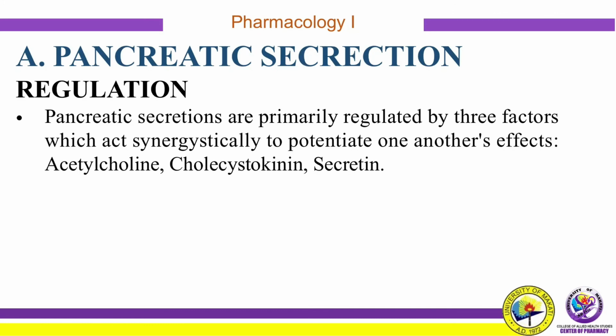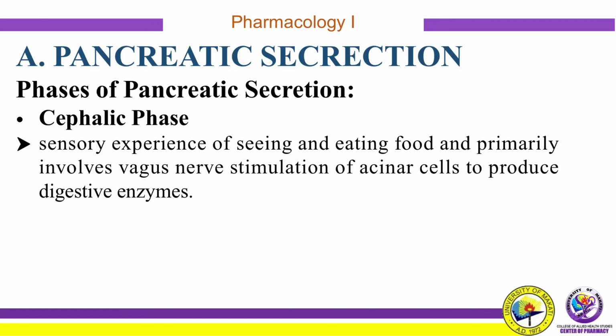And last, secretin is released by S cells of the duodenum in response to entry of low pH stomach acid and primarily stimulates production of aqueous sodium bicarbonate solution by pancreatic ductal cells.